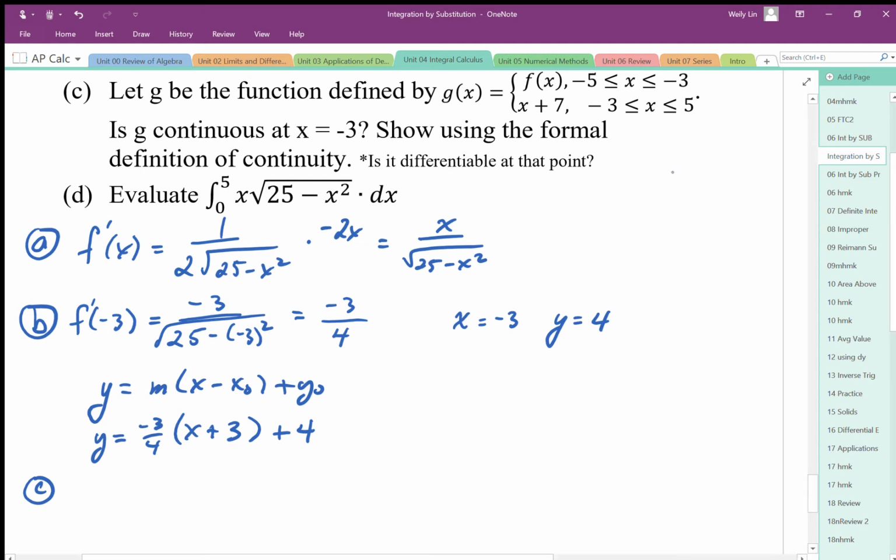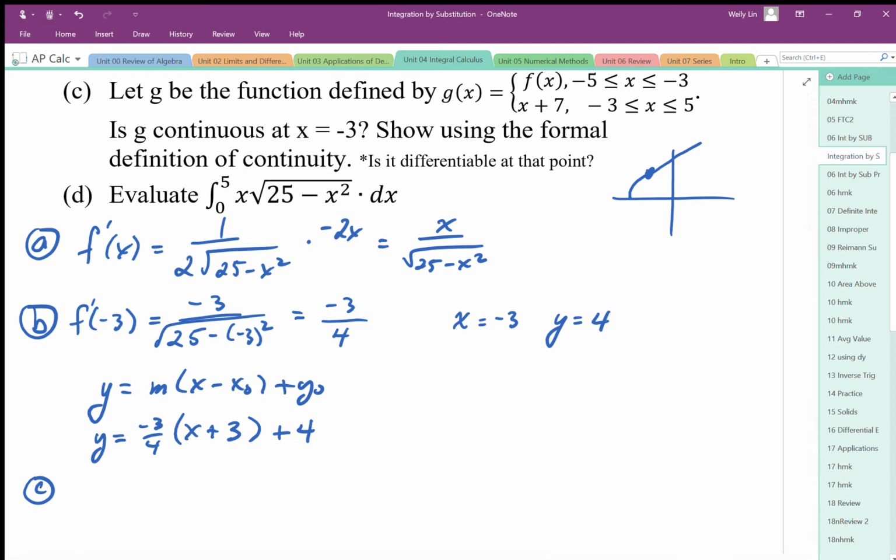If we think about what this might look like, it's going to be a curve like this, and then a slope that looks like this. We know it's curving up, and then we're not sure what's happening right at that point. So this is what we're going to check for.